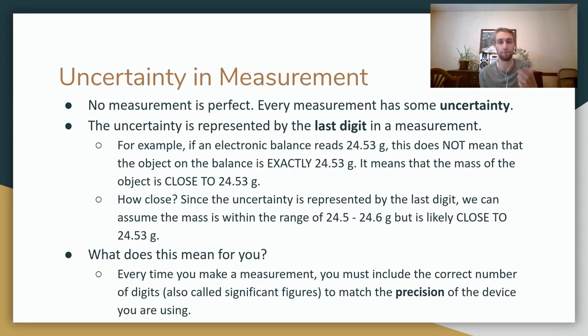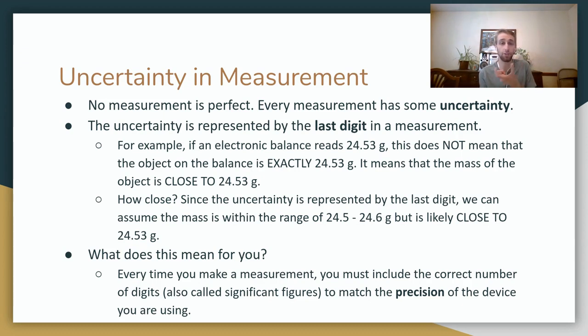So follow-up question. Of course, you want to know, all right, how close is it? How good of an approximation? Well, in science, we can assume that the uncertainty is represented by the last digit. So that means that even the balance is estimating or guessing what the last digit is. So if we see 24.53, that means that the real object is somewhere in the range of 24.5 to 24.6.